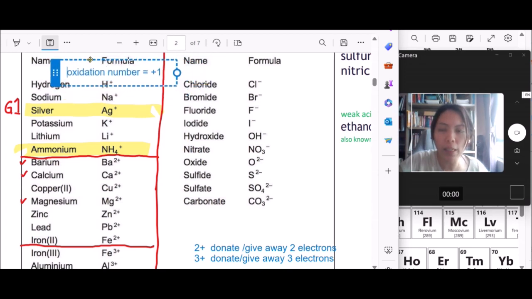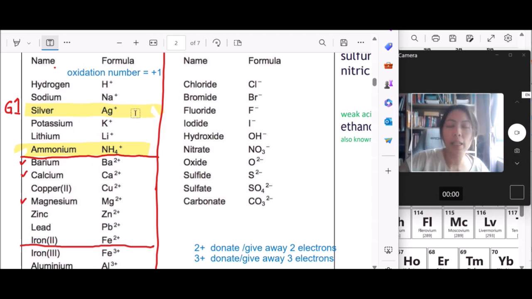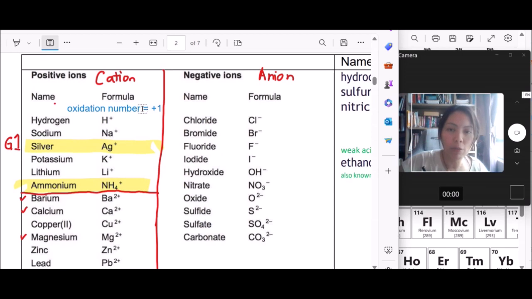The oxidation number is the number at the top right side. It could be either positively charged or negatively charged. If the oxidation number is a positive charge, it is the positive ion, known as the cation. If the number is negative, vice versa, it is the negative ion, also known as the anion.